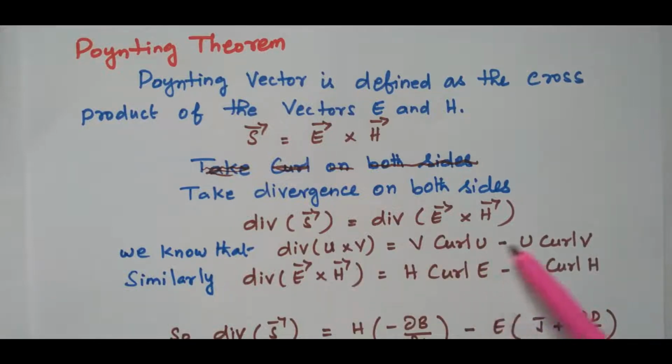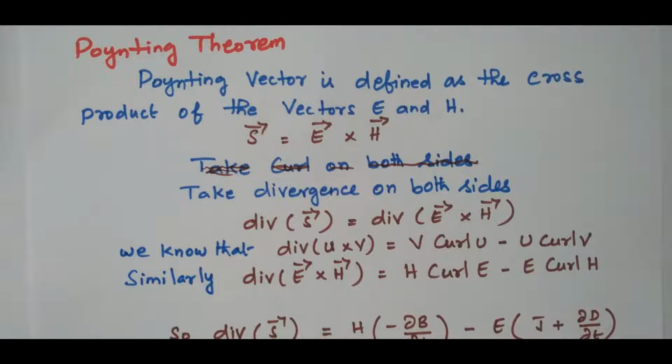Based on this general formula, the divergence of E vector cross H vector can be written as H dot curl of E minus E dot curl of H.